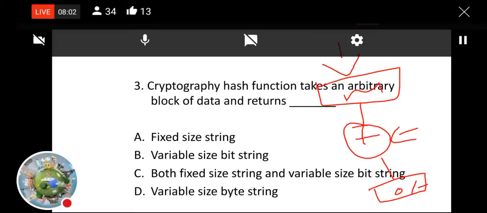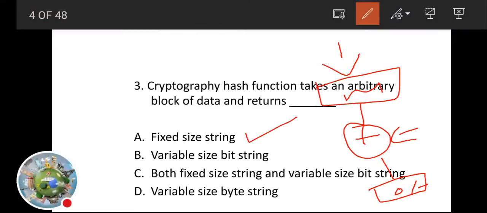Option A, fixed size string, because the hashing algorithm produces a particular size of output. Any number of inputs you can give, even of different sizes, but it will produce only a fixed size of output. So the answer is fixed size string.